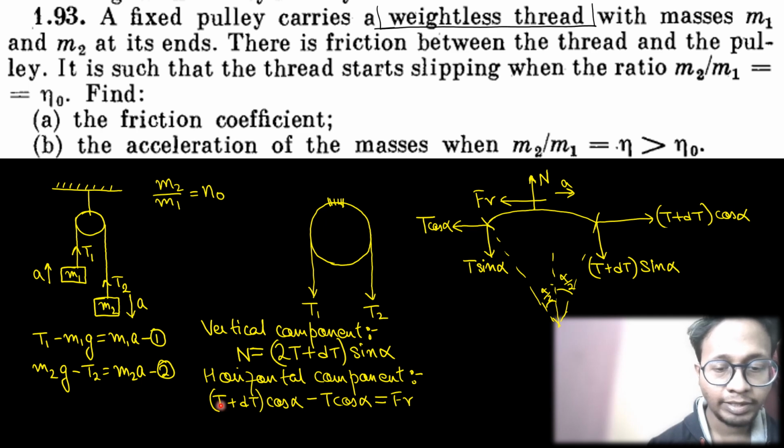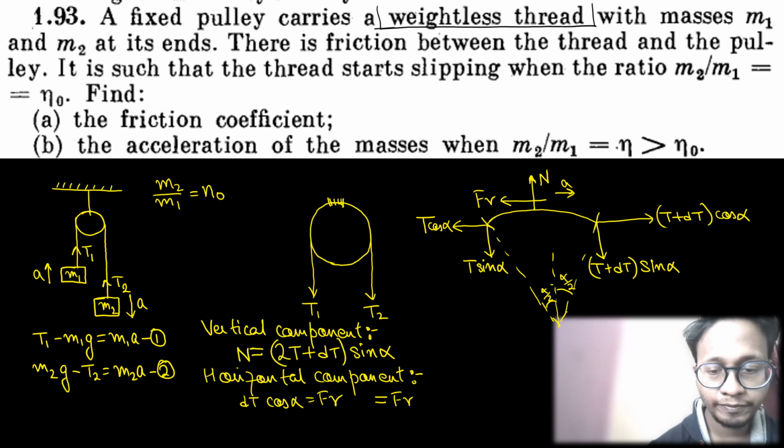Now T cos alpha and T cos alpha get cancelled. So the remaining variable is dT cos alpha is equal to friction force.